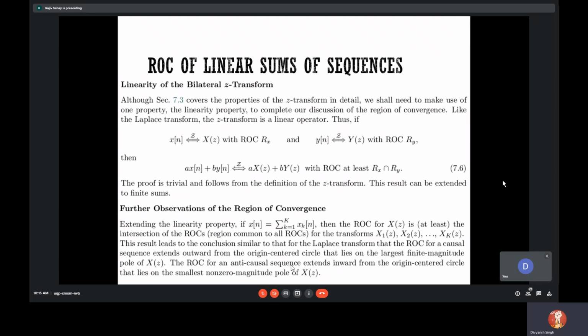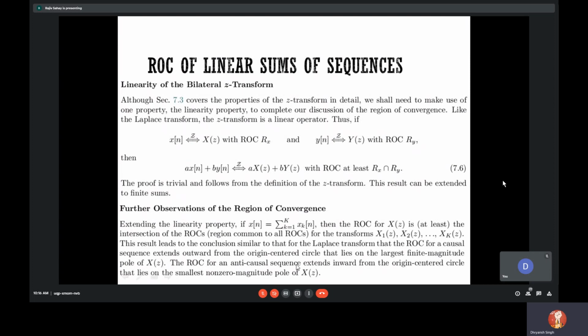Suppose you have two concentric circles with two different radii, and you have to find the intersection of the ROCs. Suppose one of them is a smaller circle and another has a larger radius than the previous one, then the intersection will be the region beyond the maximum magnitude pole of x of z.